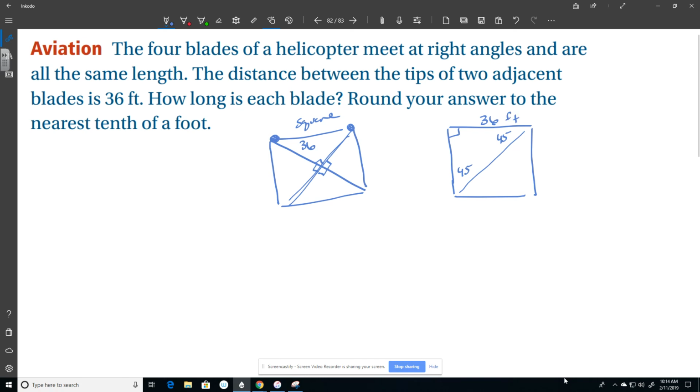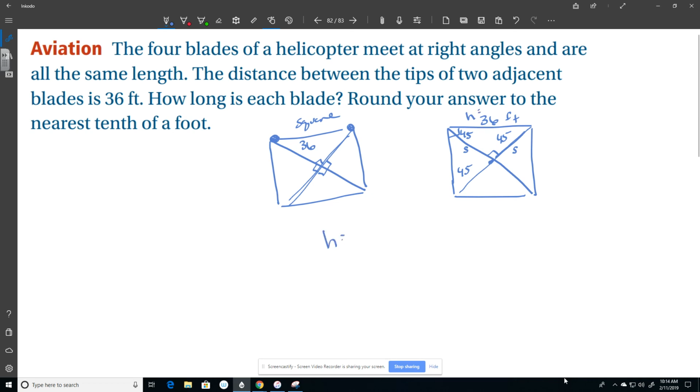So it wants to know how long each of the blades is that goes from the middle, obviously, to the corner. So if I have my other diagonal right here, here's a 90-degree angle. This 90 degree got cut in half. So here's 45. So I've got 45, 45. And then I've got these two short sides that I'm looking for. These are my S's. And this right here is actually my hypotenuse.